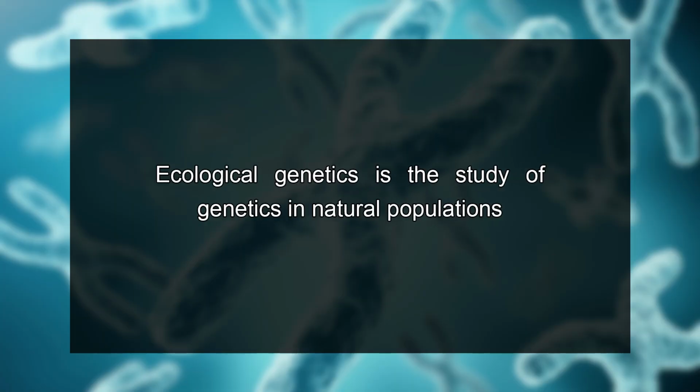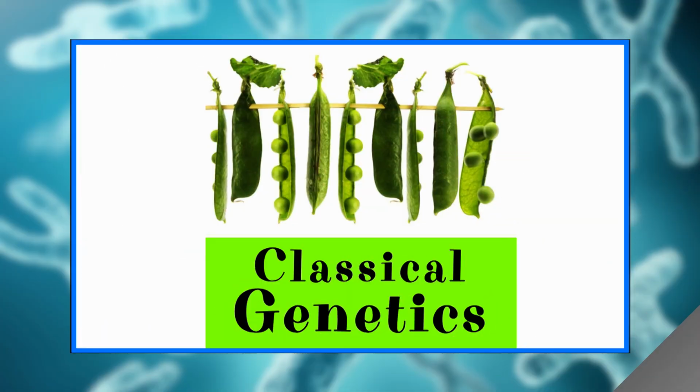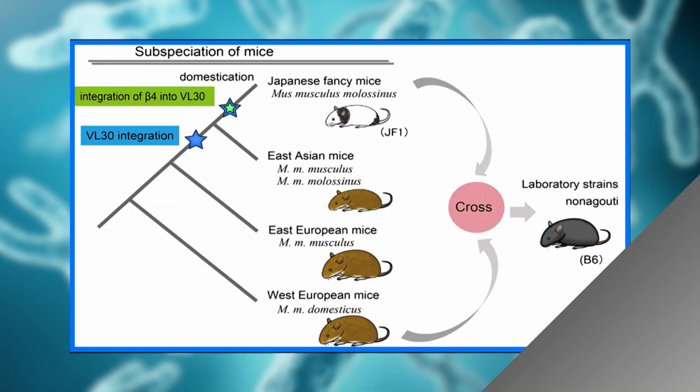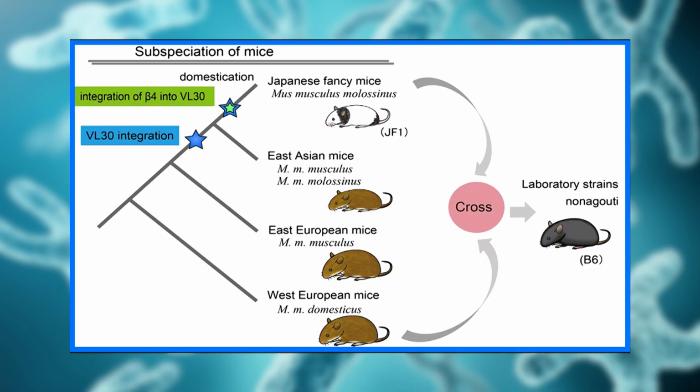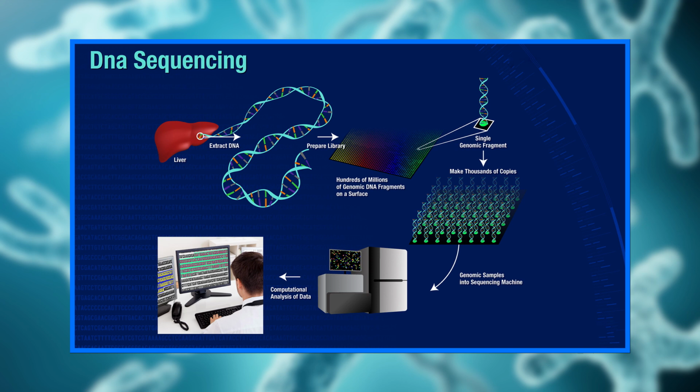Ecological genetics is the study of genetics in natural populations. Traits in a population can be observed and quantified to represent a species adapting to a changing environment. This contrasts with classical genetics, which works mostly on crosses between laboratory strains, and DNA sequence analysis, which studies genes at the molecular level.